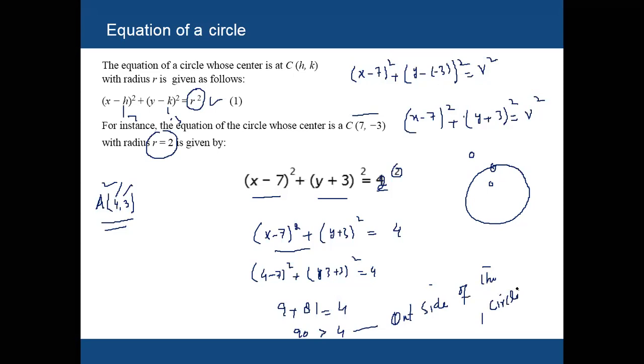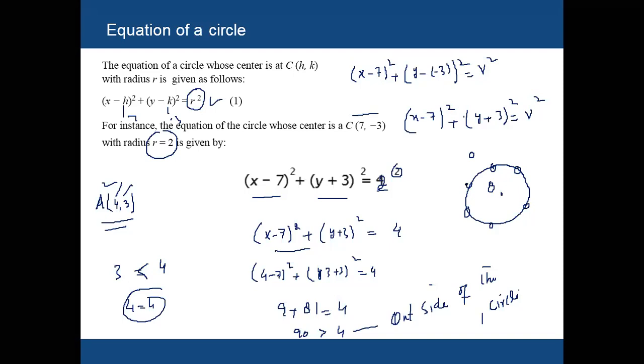Same. If we choose another 2 points and this side is 3 and the other side is 4, this means 4 is greater, so these points will be inside the circle. Or if both are equal, 4 is equal to 4, then these points lie on the circumference of a circle.